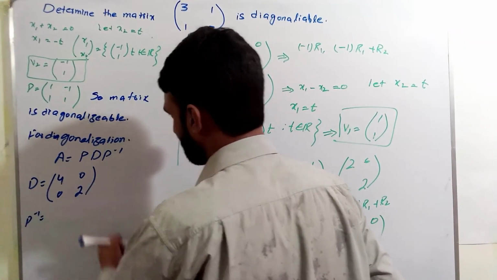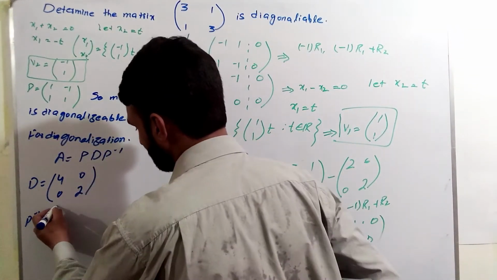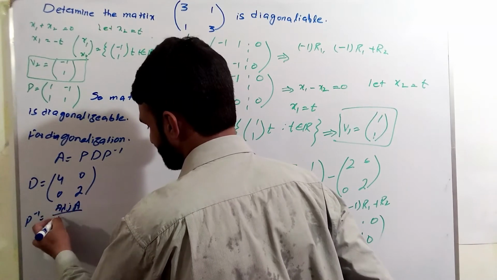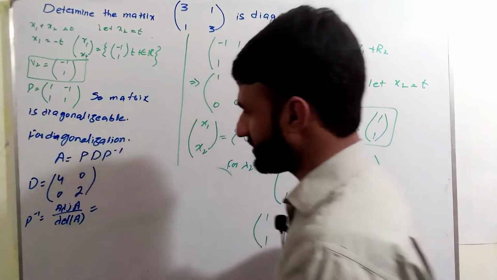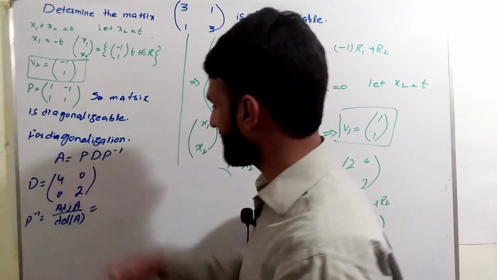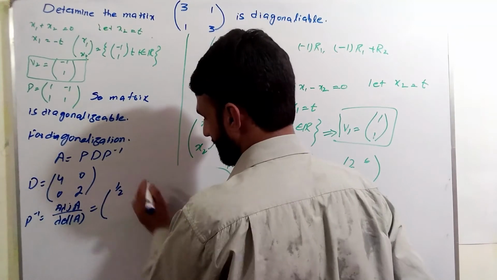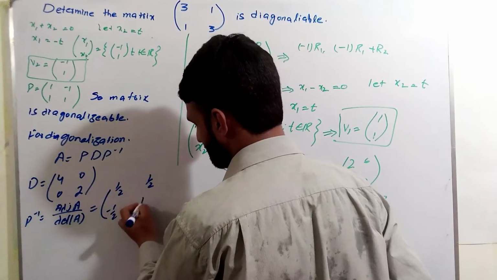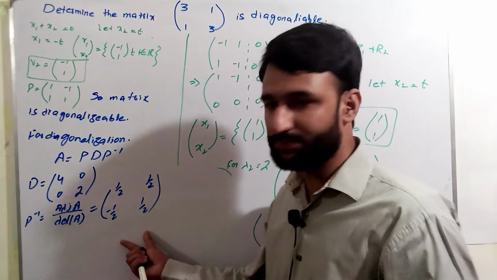Notice that it is the adjoint of P divided by the determinant of P. If we put the values in this expression, I obtain 1 by 2, 1 by 2, negative 1 by 2, 1 by 2, right? So this is the P inverse matrix.